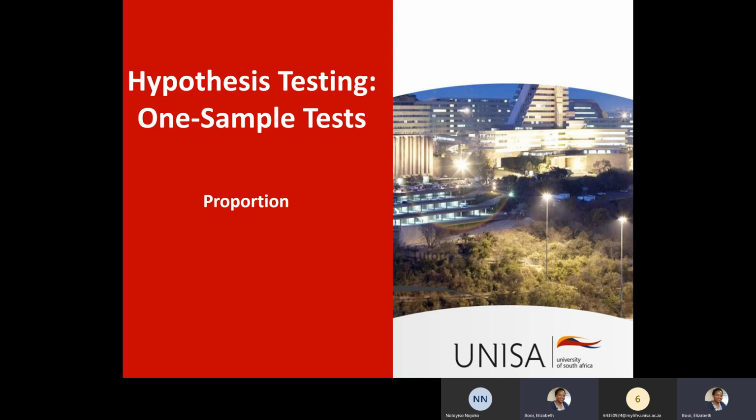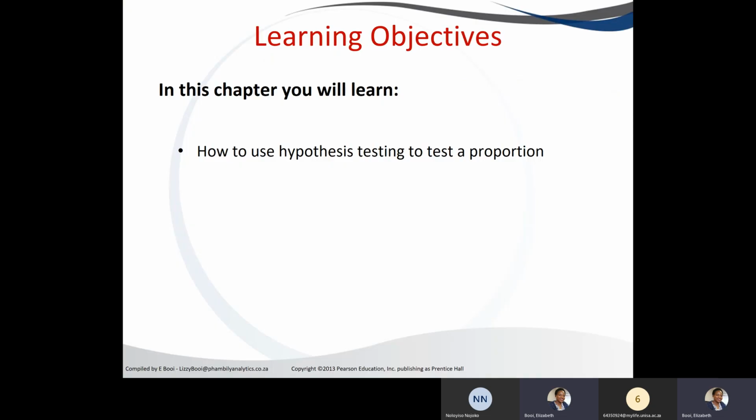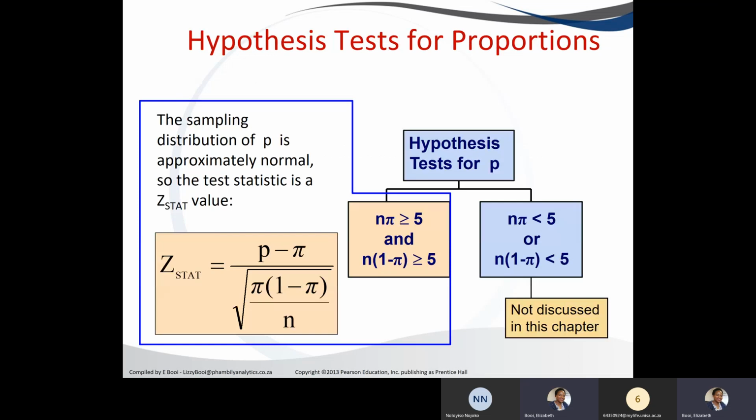So let's look at the proportion. For the proportion, the 6 steps also apply for hypothesis testing. Since proportions work almost the same, we use the Z test, and we can also use the p-value to make a decision, or we can use a critical value. The test statistic we're using is the proportion formula from the sampling distribution.